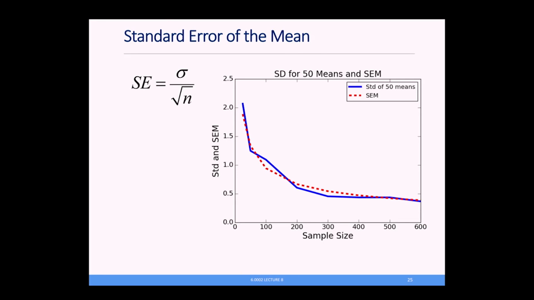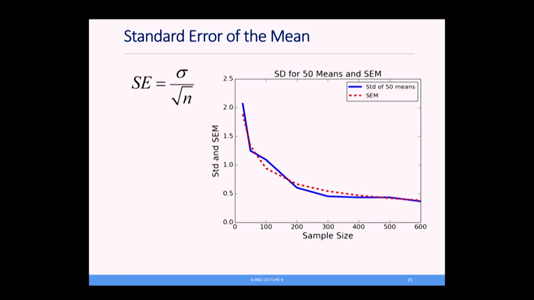So we see the blue solid line is the standard deviation of the 50 means, and the red dotted line is the standard error of the mean. So we can see quite strikingly here that they really track each other very well.